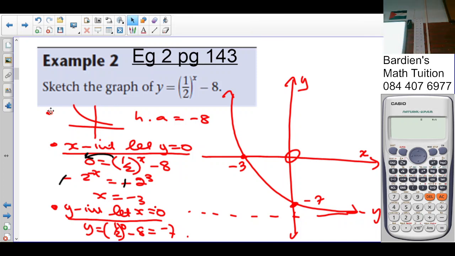Decreasing exponential function, what's the domain of this graph? It's an element of all real numbers. What's the range of this graph? Y is greater than negative 8. Where is f of x equal to 0? This is negative 3. Where is f of x less than 0?